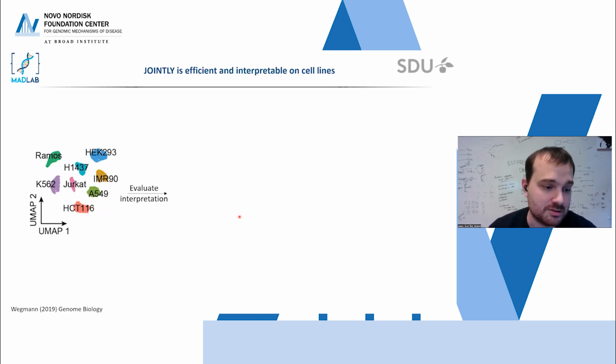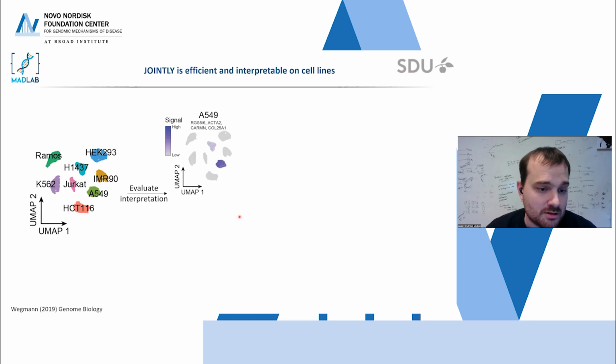What we then wanted to do was to evaluate these interpretable factors in the same data set. And we took one factor here. When we score that factor across the cells, we can see that it is highly scoring specifically in A549 cells, which is a basal epithelial cell from the lung.